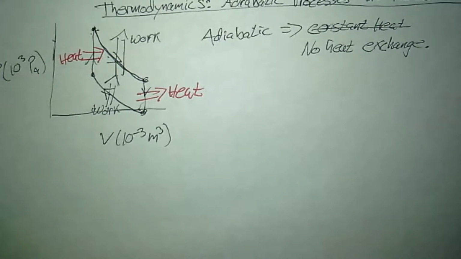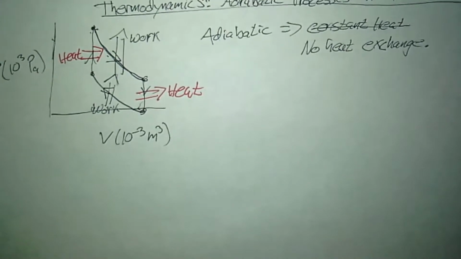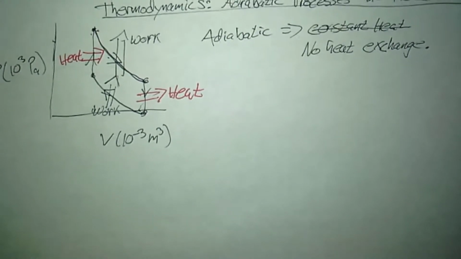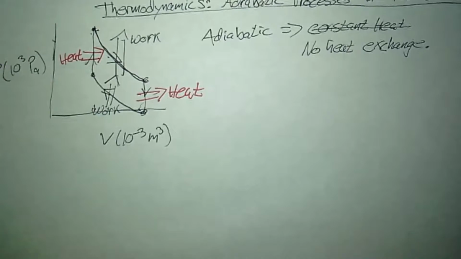So let's talk quickly about the Carnot cycle. Now the Carnot cycle is this special, magical, theoretical cycle, so it doesn't actually exist, which is the most efficient cycle you can possibly have in theory.